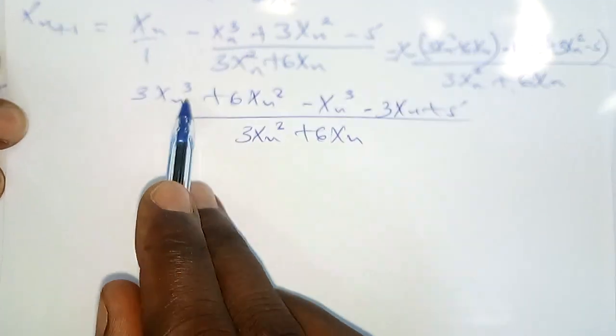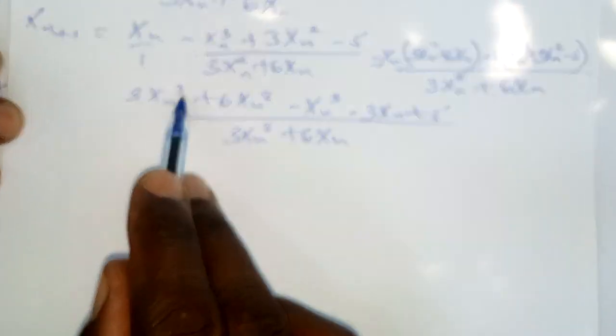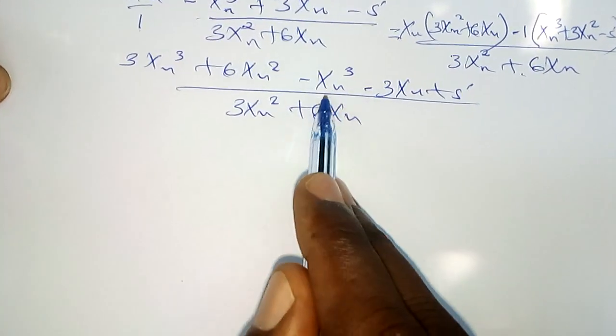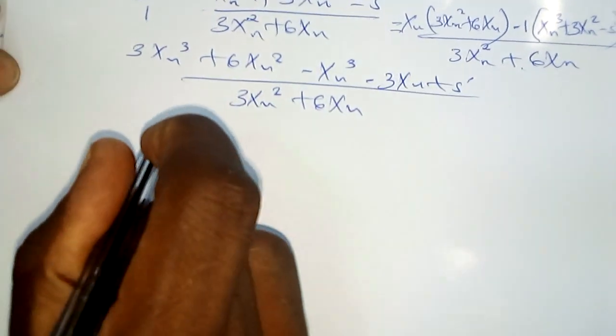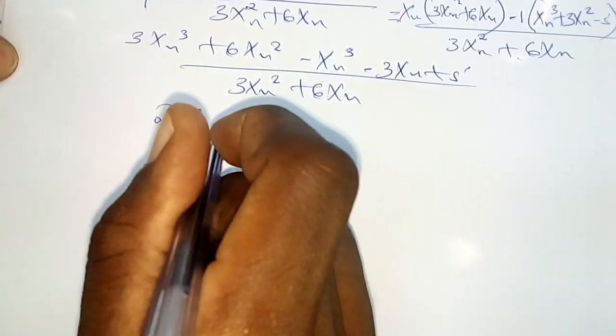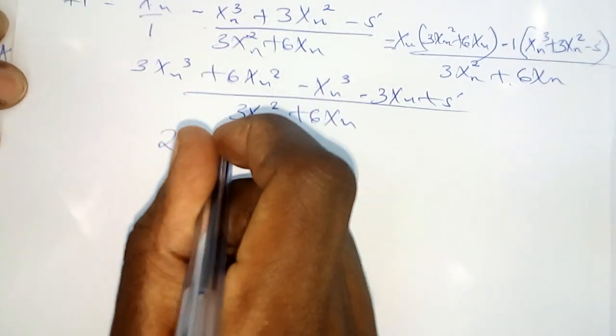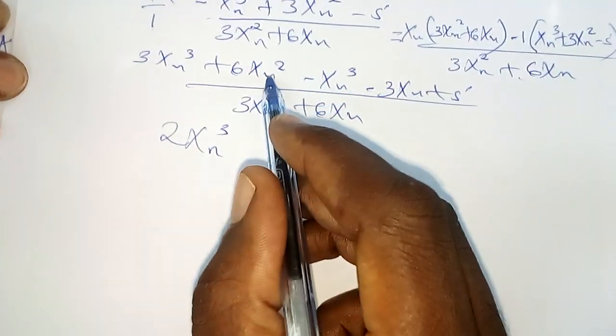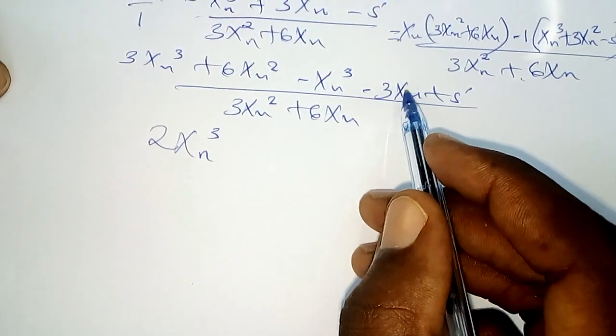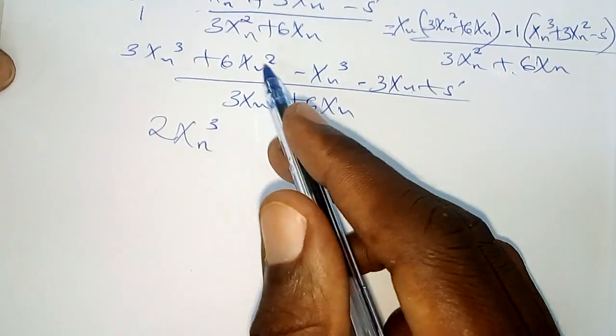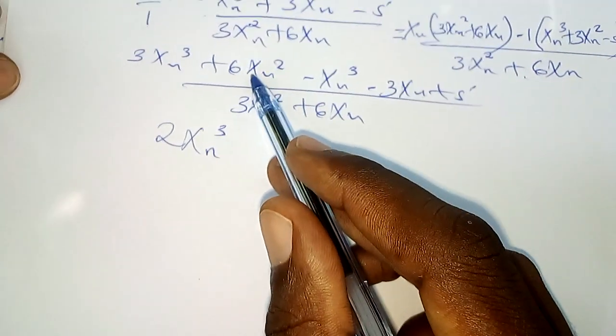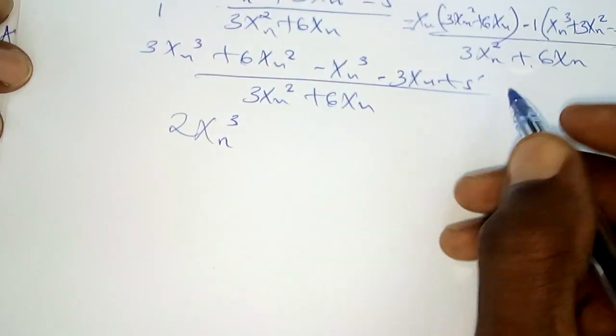We collect the like terms. We have 3xn cubic minus xn cubic, which gives 2xn cubic. Then what about 6xn squared minus 3xn squared?